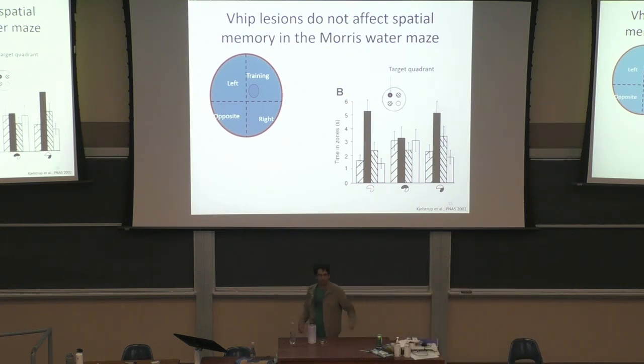He finds the platform, so no deficit in this spatial navigation task. But it does have a deficit in this anxiety task. So we have this double dissociation where dorsal hippocampus is important for the spatial navigation, the water maze, but not for avoidance of open spaces. And ventral hippocampus is important for avoidance of open spaces, but not for this spatial navigation task.